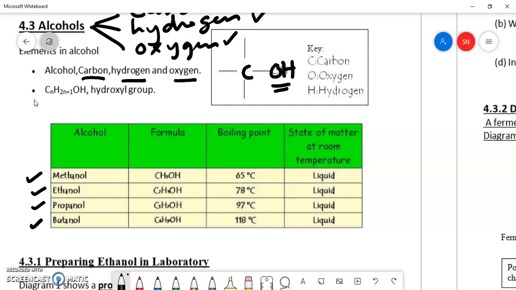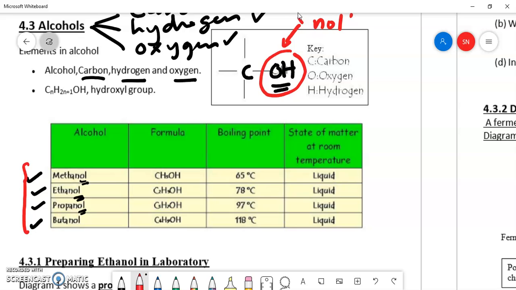This OL is represented by the OH part of the molecule, which gives the sound of the molecule, NOL. That is why we have methanol, ethanol, propanol, and butanol. There are more, pentanol and so on, but for our syllabus it is sufficient if you can remember these first four. You have to memorize the name and the order.